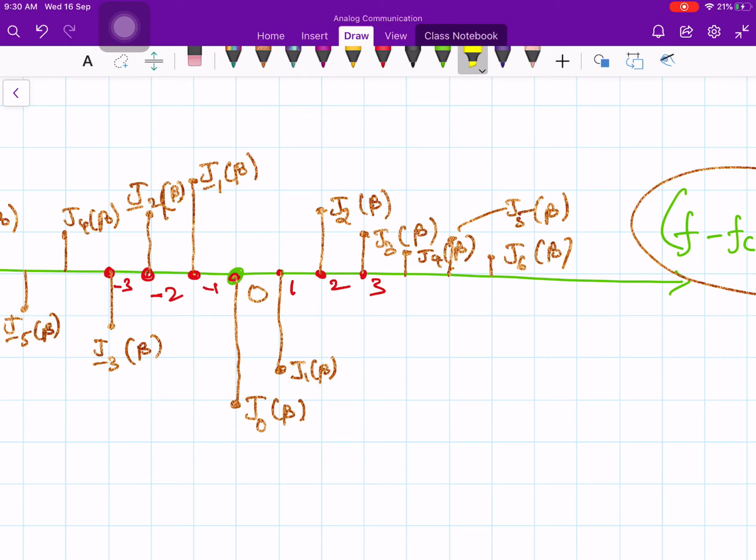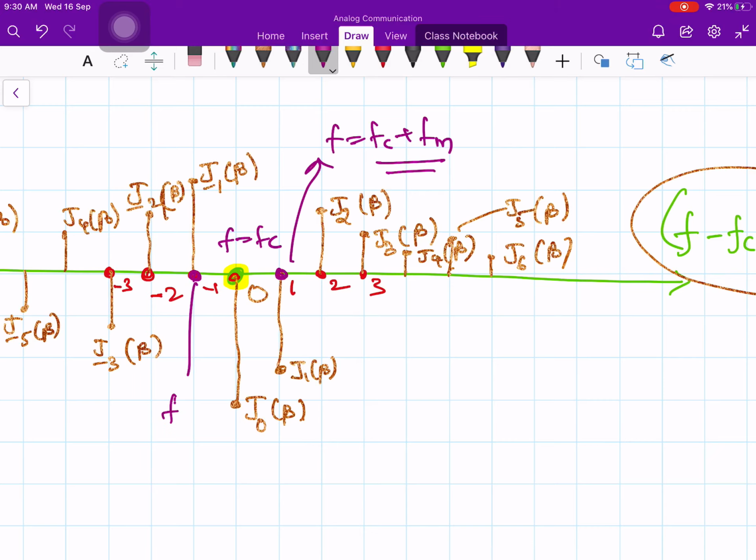When I say this point is 0, that means f equals fc here. And at this point f equals fc plus fm. So we are locating the spectral component at the point where the frequency is fc plus fm, and this point is fc minus fm.